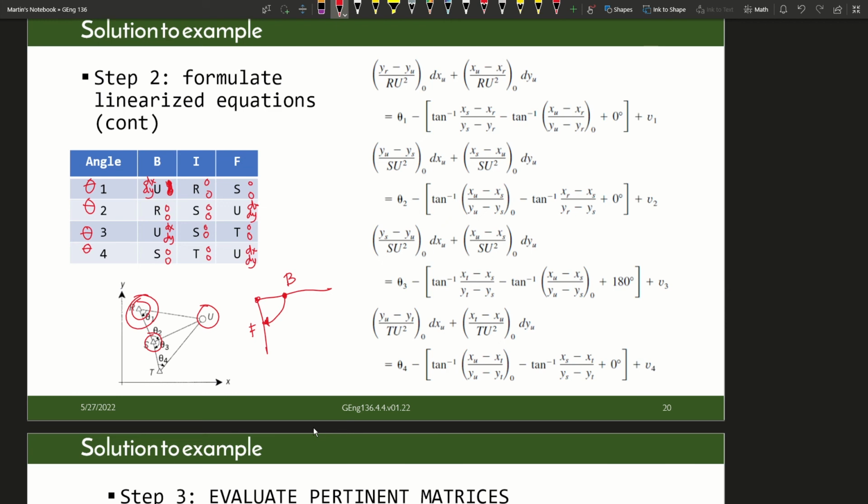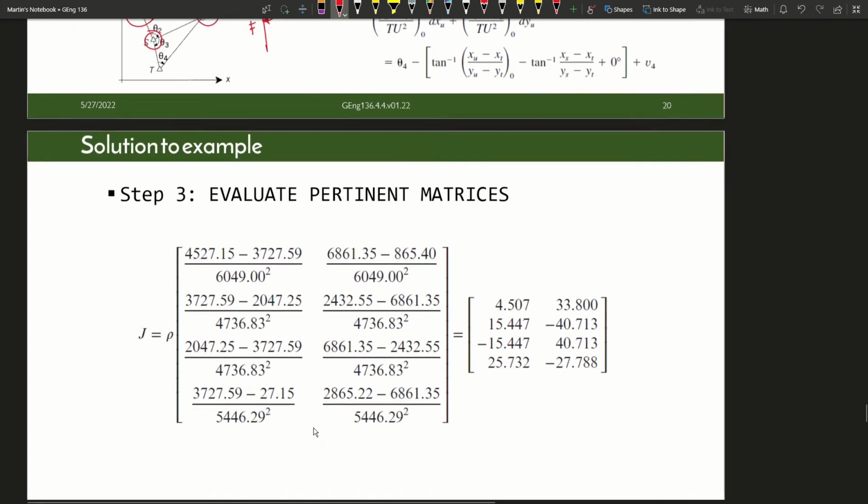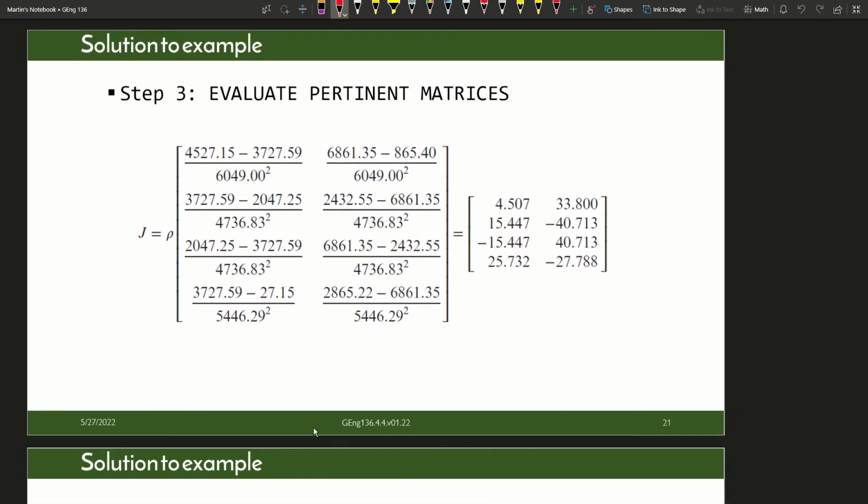Then you next evaluate the pertinent matrices. So if we have the J matrix, okay, keep in mind we have this rho. That is the number of seconds. Let me check the value of rho.